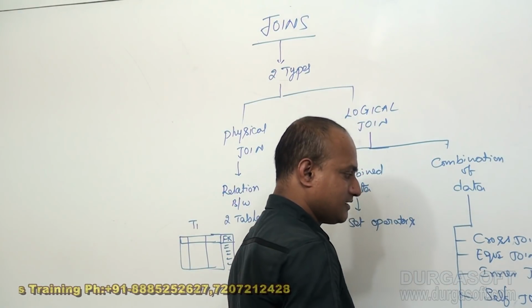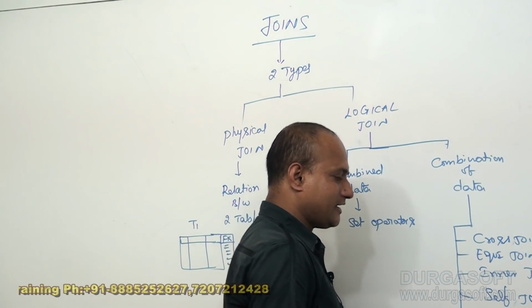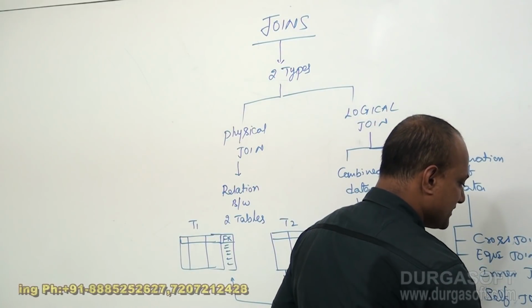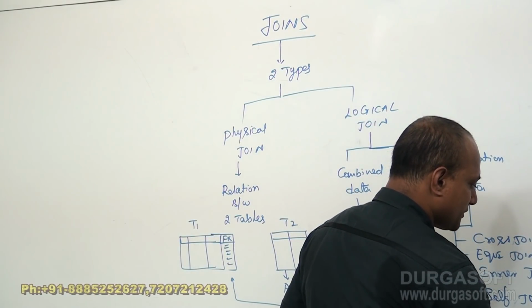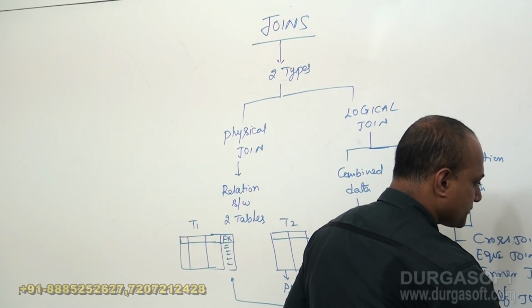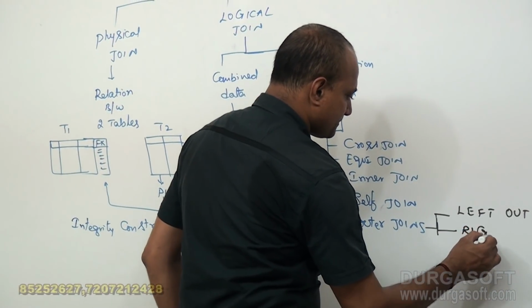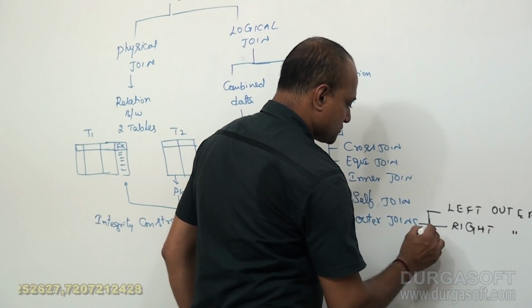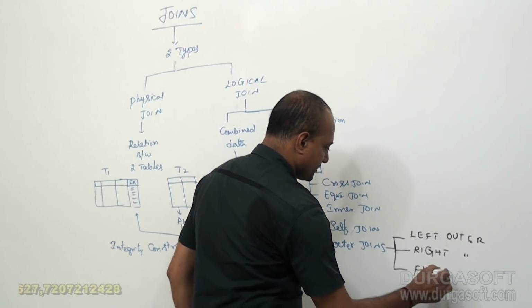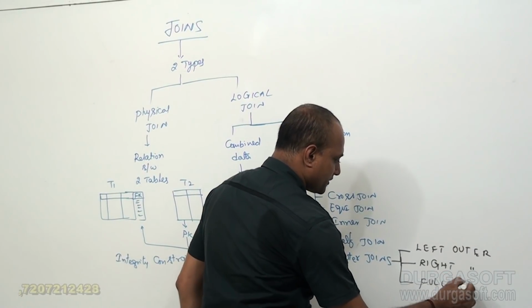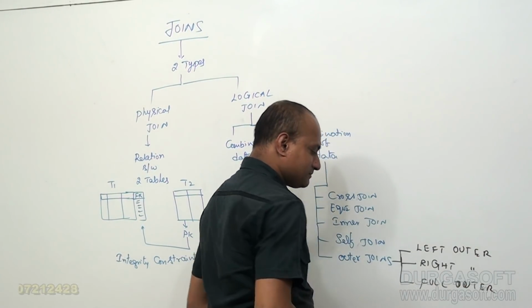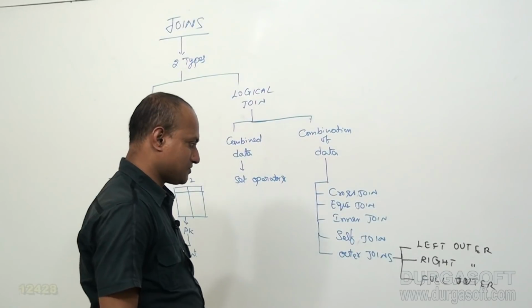Outer joins are again of three types: left outer join, right outer join, and full outer join. Remember, these are the logical joins.